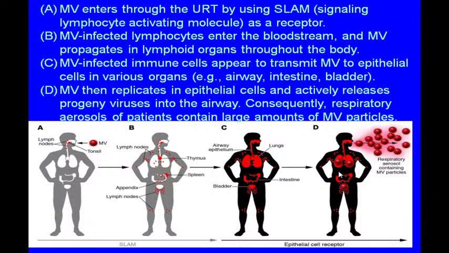Now let's take a look at the pathogenesis of the disease. So, measles virus is transmitted as an airborne disease, and by the way, it is highly contagious. The index of contagiousness is much higher than for coronavirus, by the way.